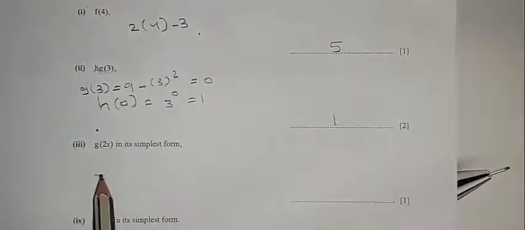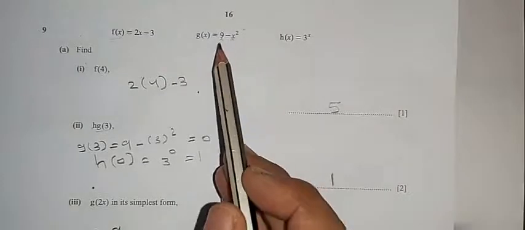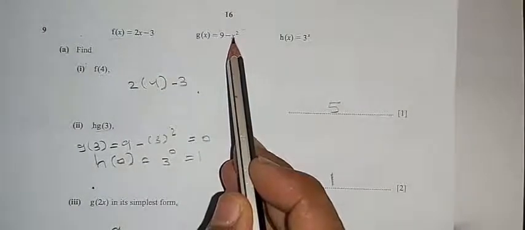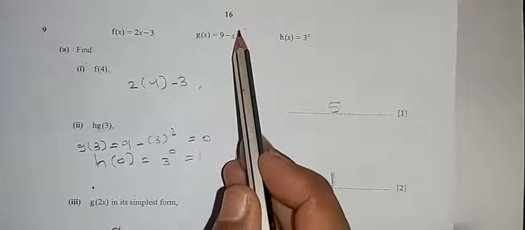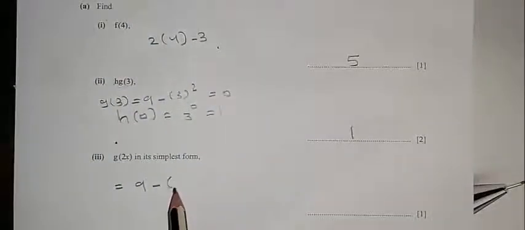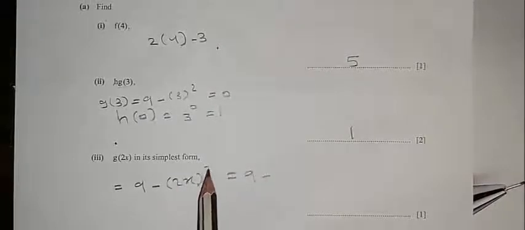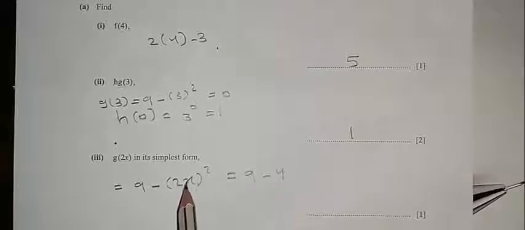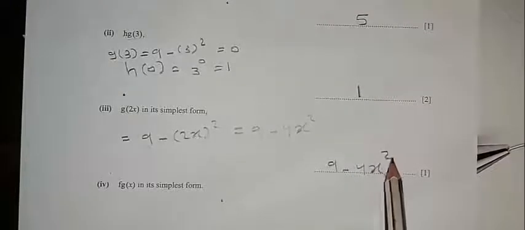This equals 9 minus, remove x and put 2x, so it will be (2x) to the power 2. This will be 9 minus 2 squared, which is 4, and x squared. So it will be 9 minus 4x squared. This is the final answer.